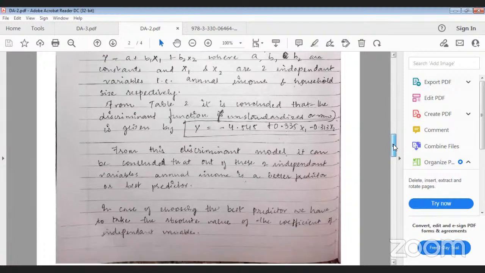So from this discriminant model, it can be concluded that out of these two independent variables, annual income is a better predictor, or the best predictor. Annual income is the first one, and the second one is household size. Since annual income is coming positive, it is written that annual income is a better predictor than household size, because household size is coming with a negative coefficient.